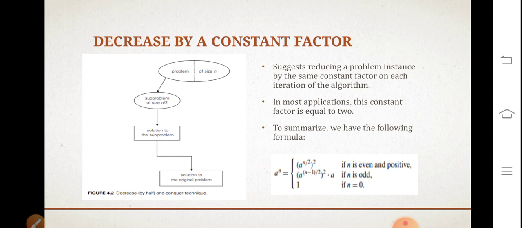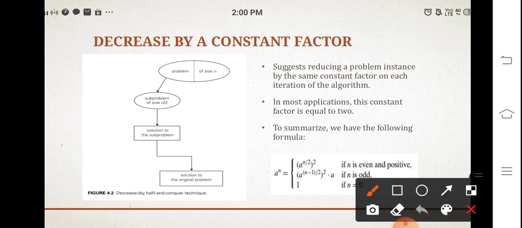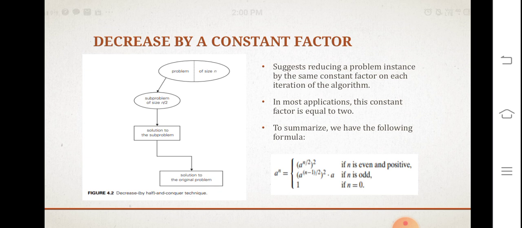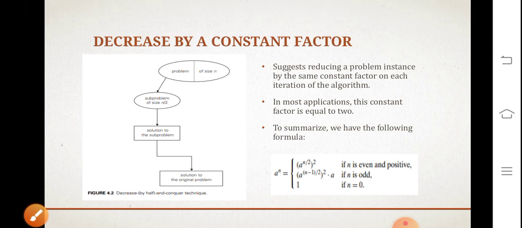To summarize, we have the following formula: a raised to n equals a raised to n by 2 whole square if n is even and positive; a raised to n minus 1 divided by 2 whole square into a if n is odd; and a raised to n equals 1 if n is equal to 0. This is about decrease by a constant factor.